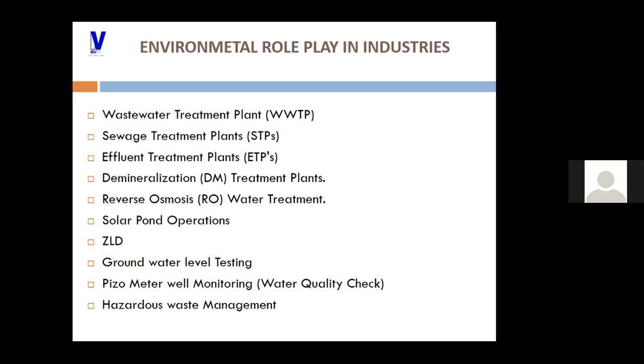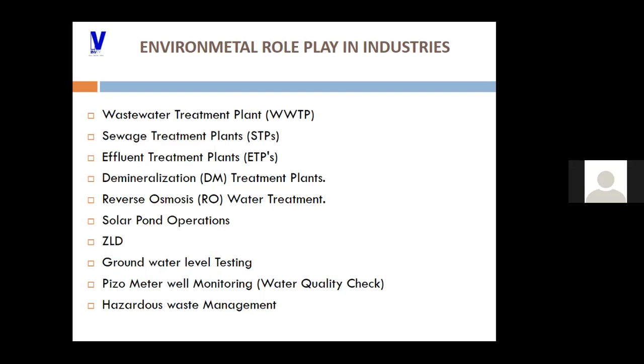For example, we feed fresh water in the initial stage for our process and operation. In the output stage, we are not able to get the same fresh water. There is more contamination in the water. Then it comes under the waste category, wastewater.